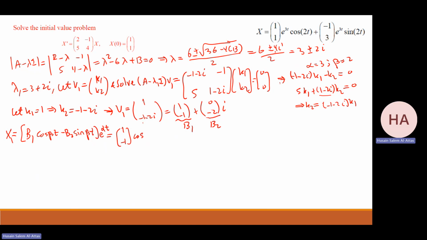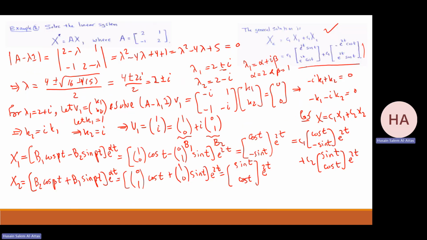Beta is 2 and alpha is 3. Okay. Minus B2, 0 minus 2 sine 2t all times e to the power 3t, which I can write as cosine 2t minus cosine 2t plus 2 sine 2t times e to the 3t.